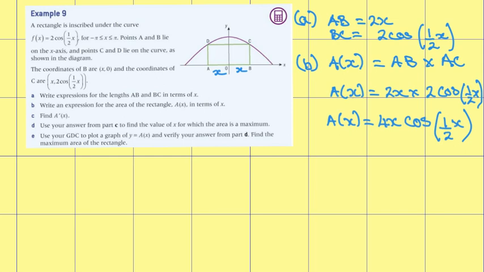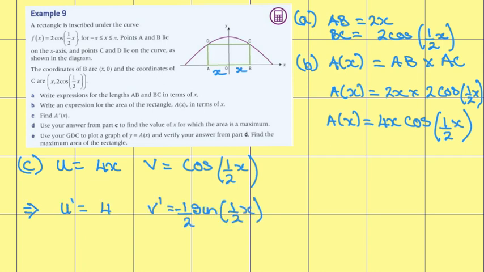Part C. Find the differential of A of x. If you look, A of x is a product. We'll let u equal 4x and v equal cos half x. Therefore, u dash is equal to 4 and v dash is equal to minus a half sine half x, using the chain rule.